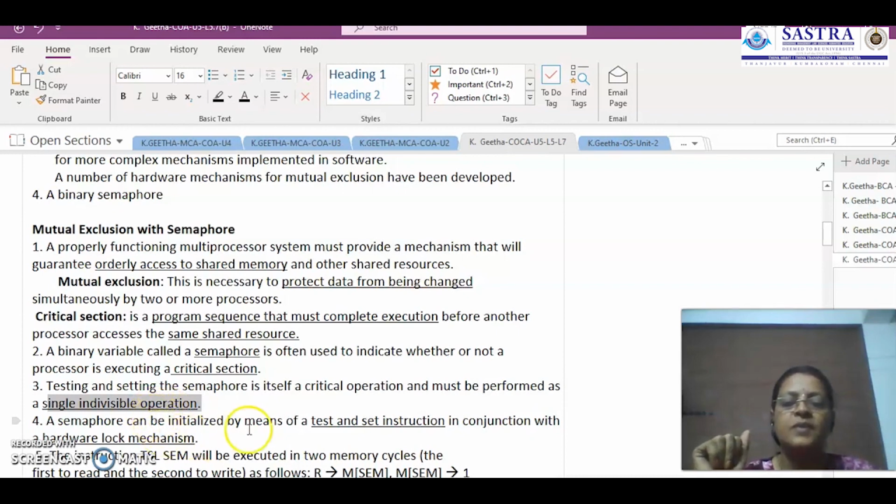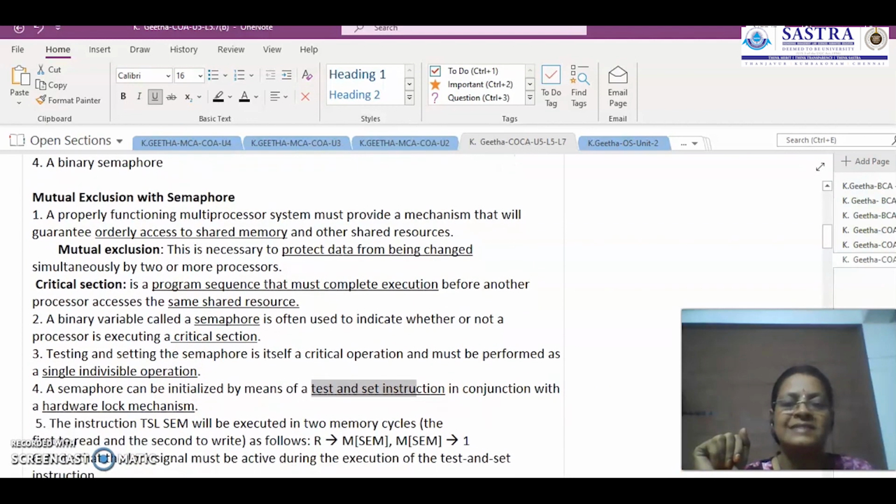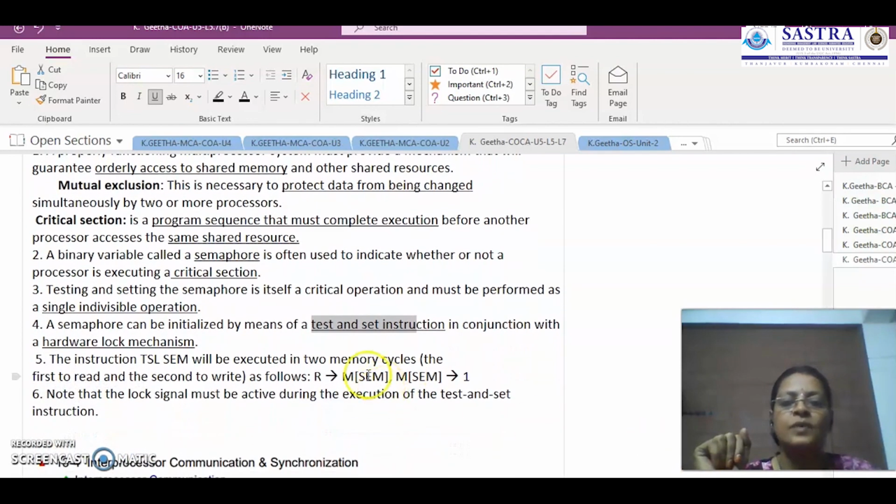For that purpose, we always use test and set instructions, and this can be implemented as a hardware lock mechanism also. Whenever the instruction executes this test and set lock, it has to be executed in two memory cycles. Why? Because first it has to read the status of the memory, and only if it is not locked, the new process can acquire the lock by setting the value to 1. If it is already locked, it has to wait.